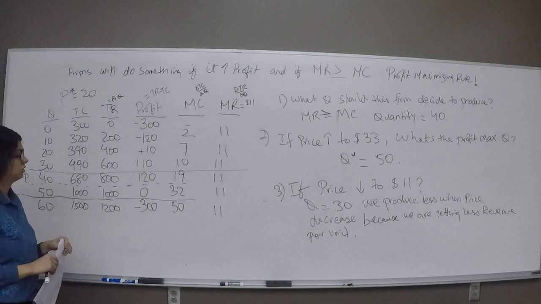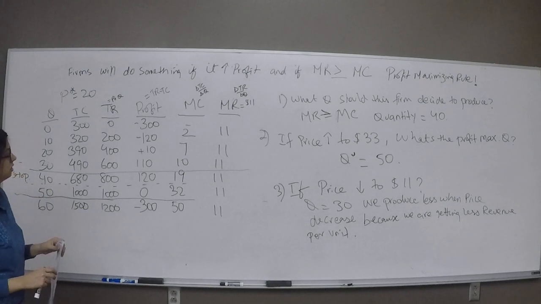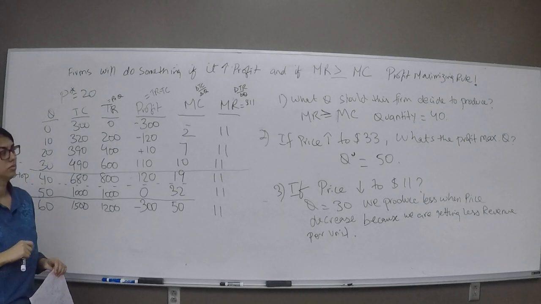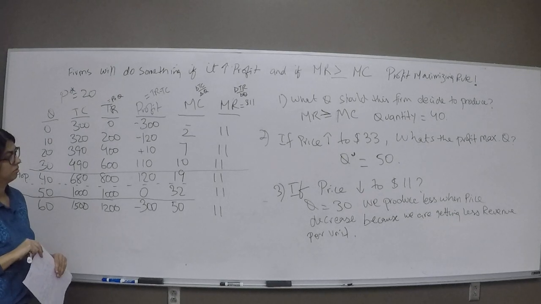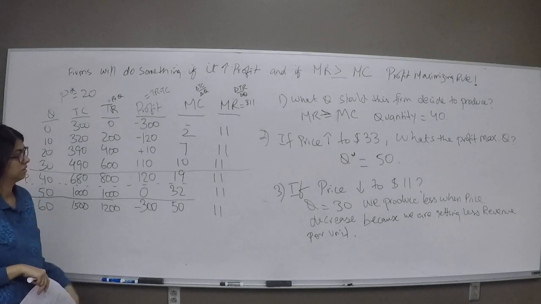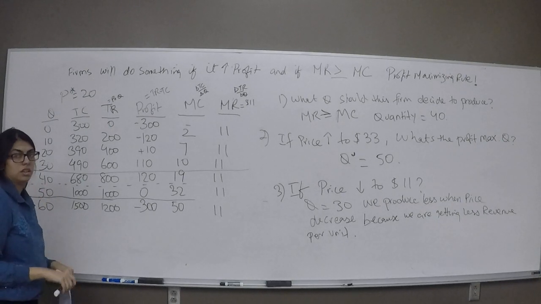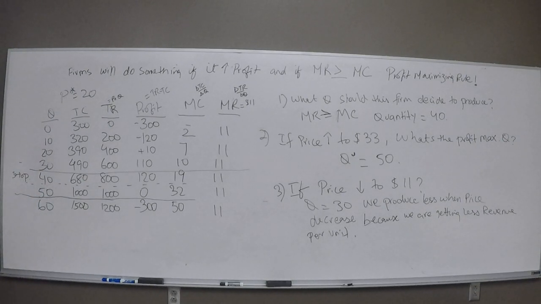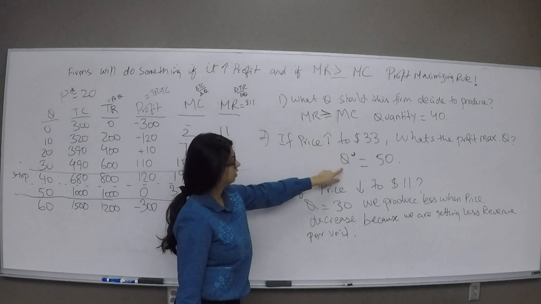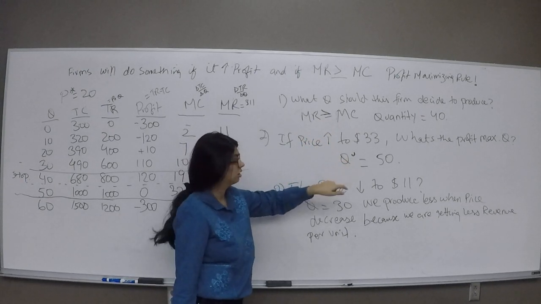Yeah, it's 7. Thank you. That's a 7, not -1. Question: what does that say under the second question? Q equal, what's that symbol beside Q? Q star? Okay.